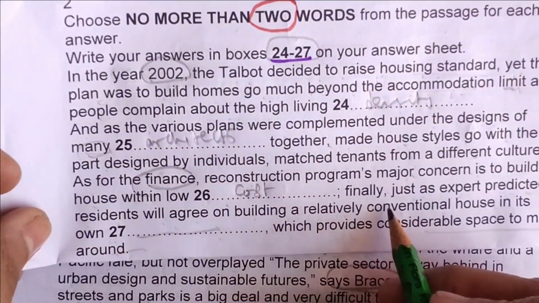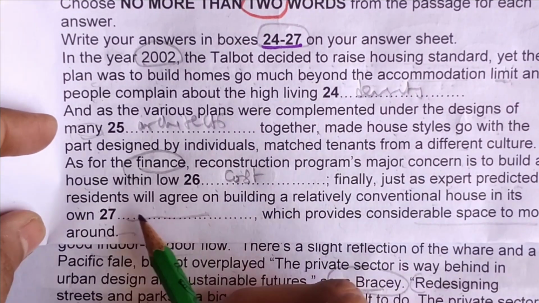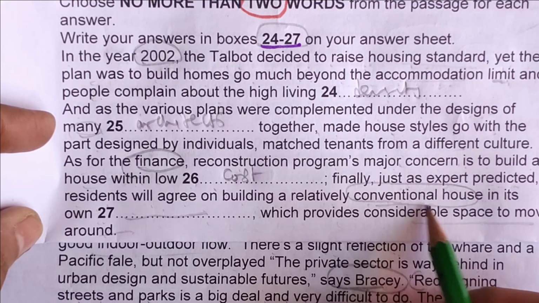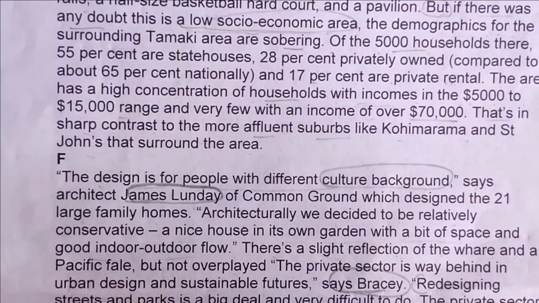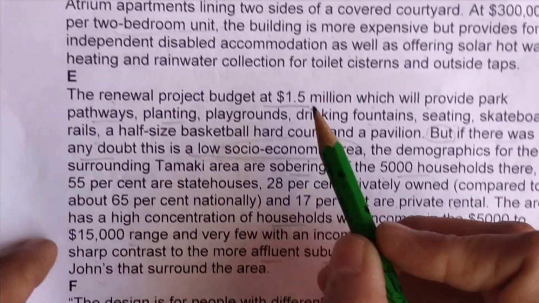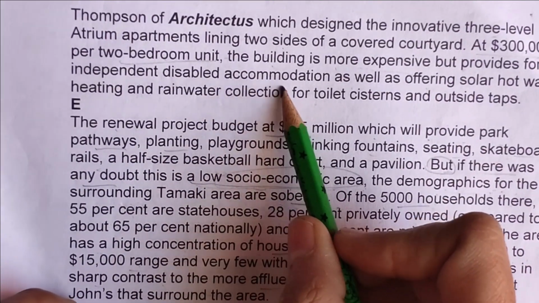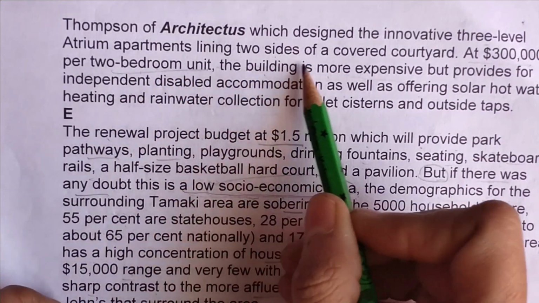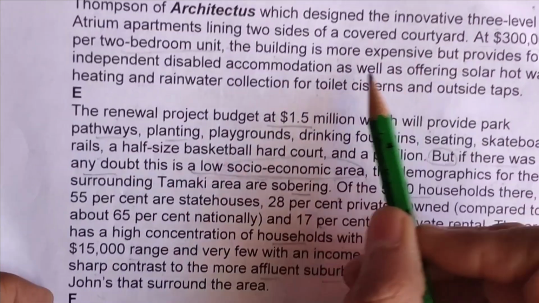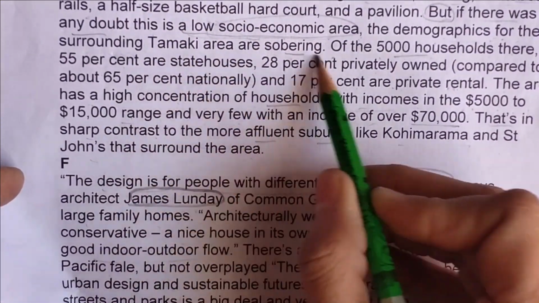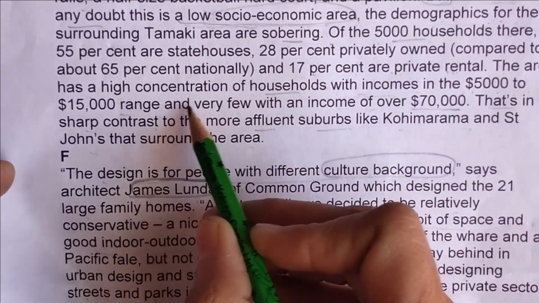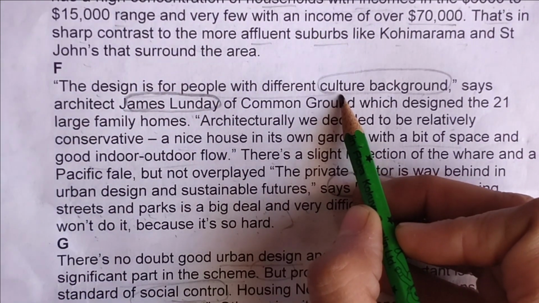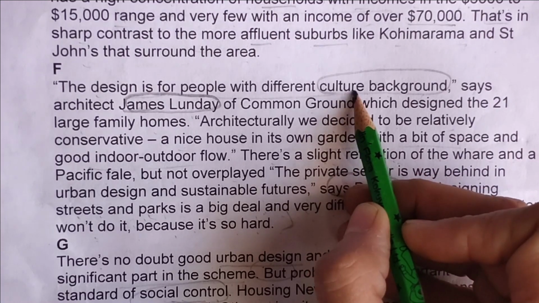What they were talking about: just as experts predicted, residents will agree on building a relatively conventional house like traditional, in its own garden. Accommodation independent as well, but provides for heating, a two-bedroom apartment. The design is for different cultural backgrounds, so here we can read it.